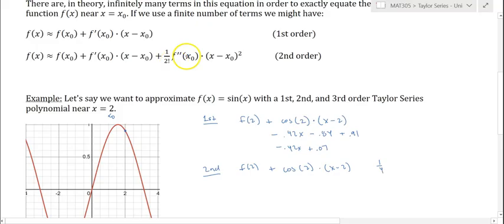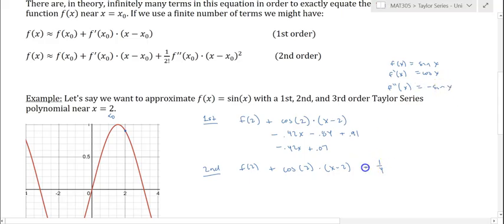Now the second derivative of, so if I write f of x is sine of x, then we know that f prime of x is cosine of x, and f double prime of x would be negative sine of x.